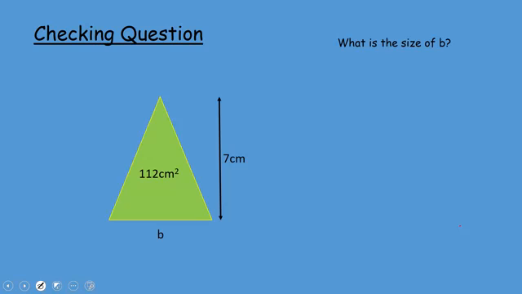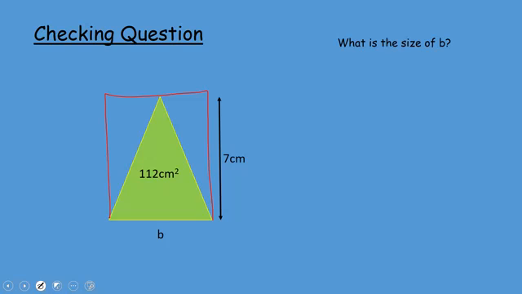Okay, so there's a few ways of looking at this. We're given the area and we know the height. There's a couple of different ways we could do it. The way I'm going to do it is I'm going to imagine that this triangle, I'm going to turn it back into a rectangle. A rectangle now that has a base of B and a height of 7.